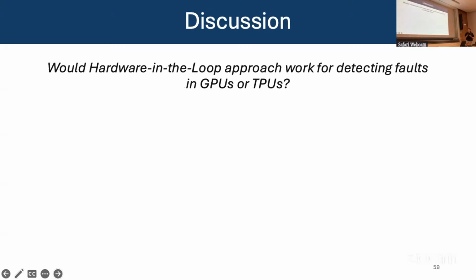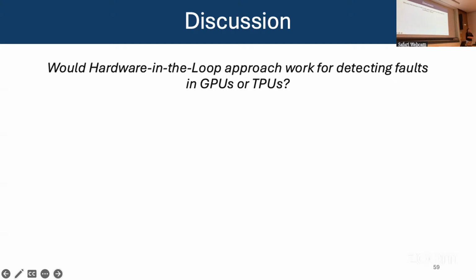And now the final question would be, would this approach, Harpocrates, also work for detecting faults in other processing units such as GPUs or TPUs? I don't see why it wouldn't.